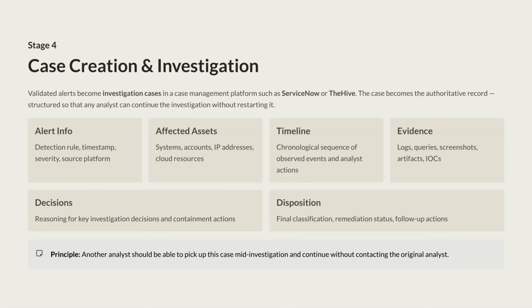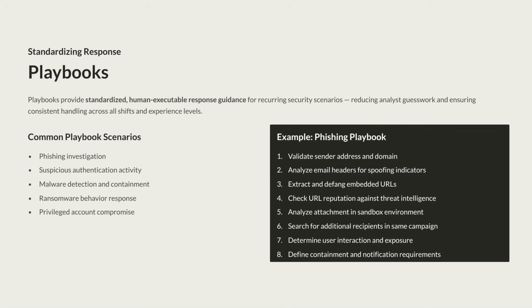So, the key idea from this lesson is that effective security operations are not just about having good security tools. You need a repeatable process connecting those tools and the people using them. Telemetry becomes detections. Detections become alerts. Alerts are prioritized and triaged. Suspicious activity becomes an investigation.